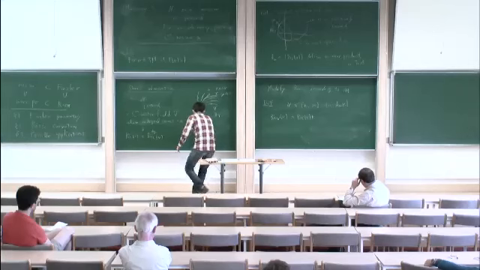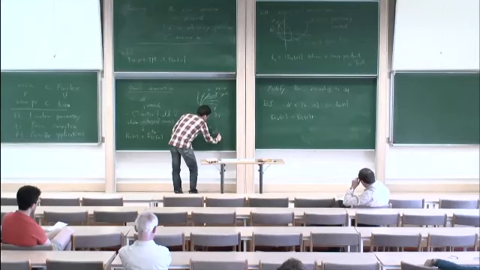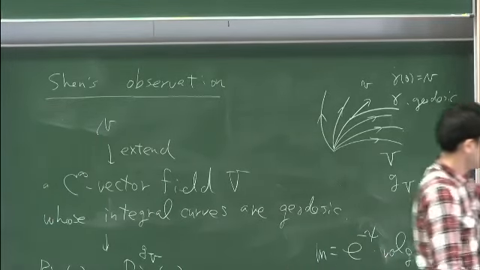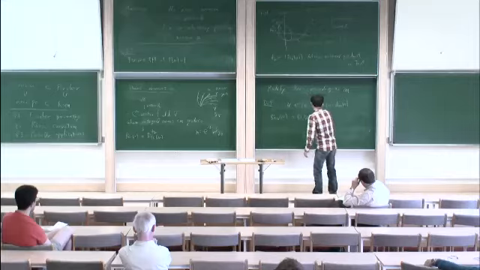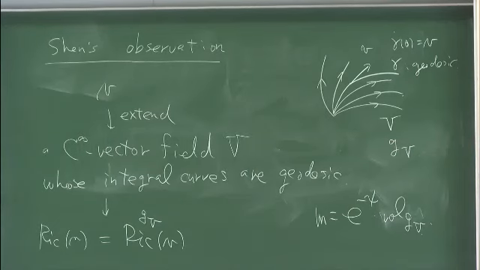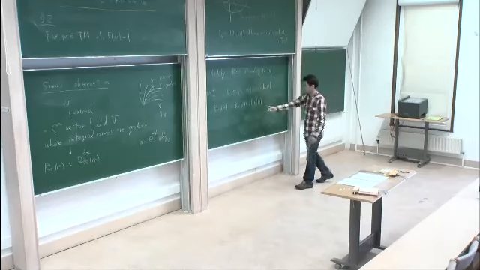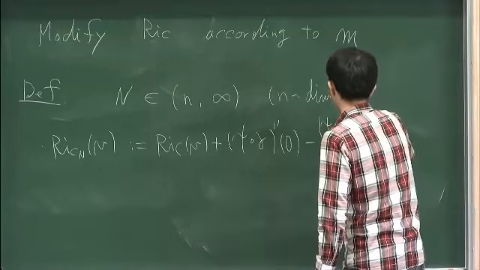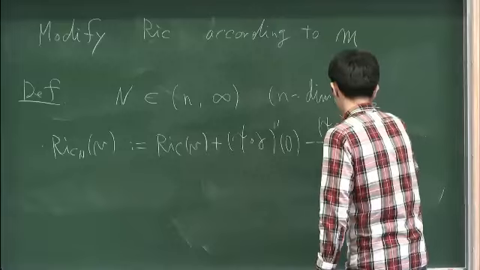So we decompose this measure m as e to the minus psi times the volume measure of G_V. Then Ricci N is defined by using this weight psi like this: the second derivative of psi minus the square of the first derivative of psi over N minus n.